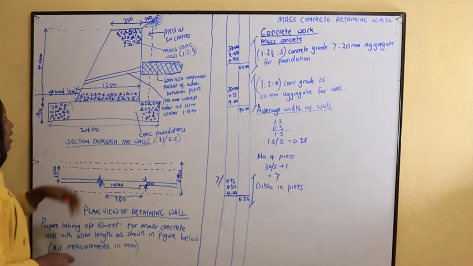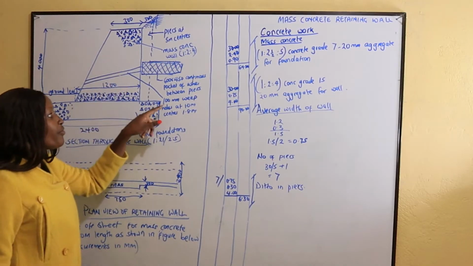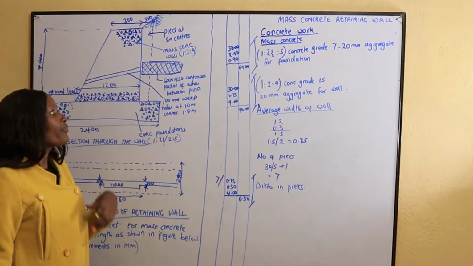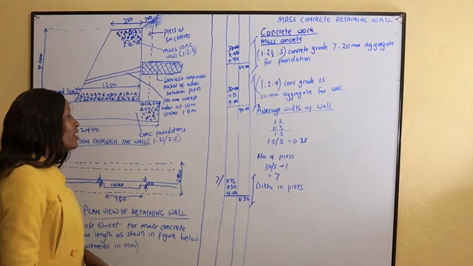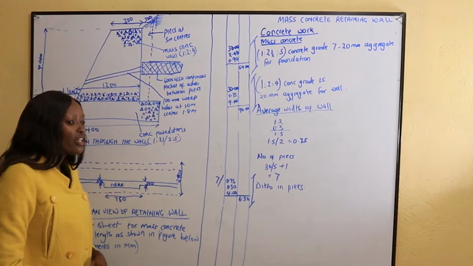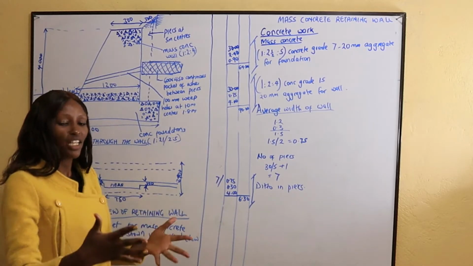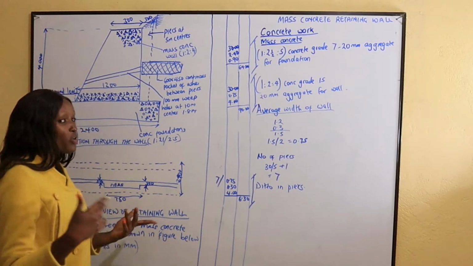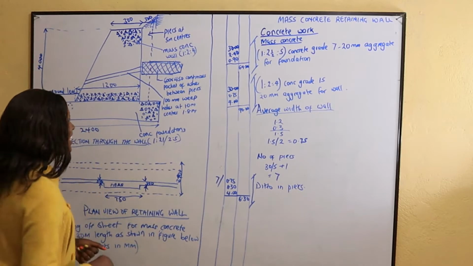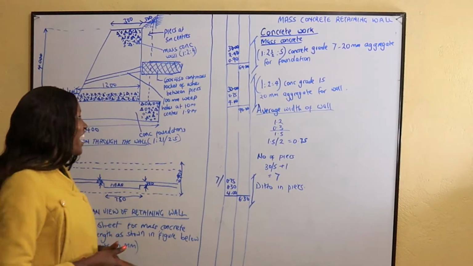Where there is this pipe for the weep hole, we usually have continuous pockets of ashes between the piers, so that the ashes can be used to filter the water through. That is one of the reasons.